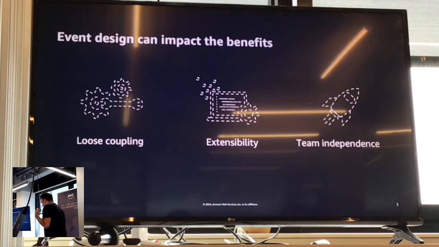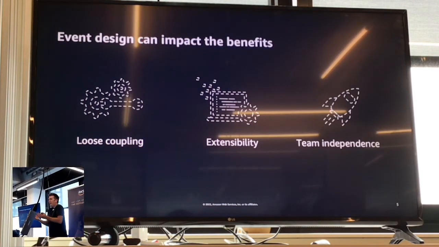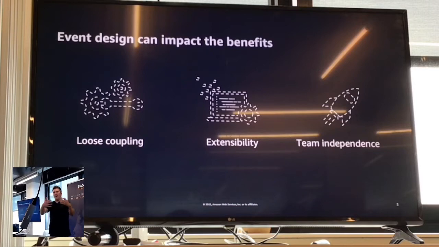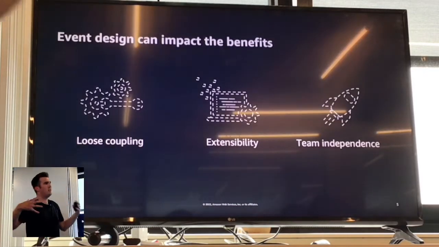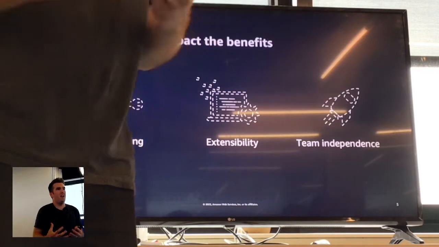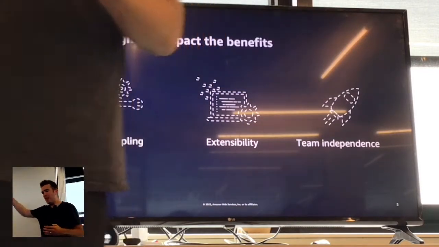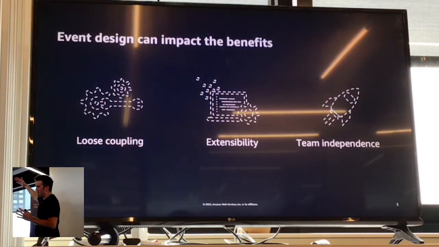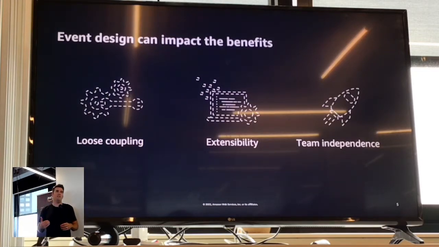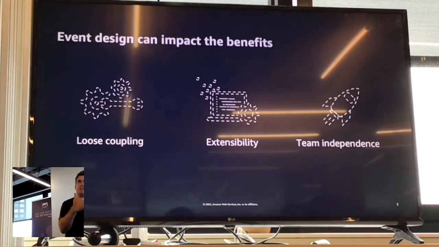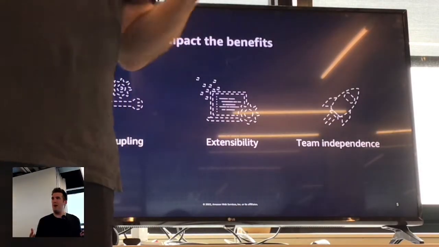And I was thinking, aren't I meant to be getting the benefits here? The extensibility and the loose coupling, all these benefits started to go away. When I reviewed that, looking back with the team at the time, I realized it was actually the event design itself that impacted the architecture.